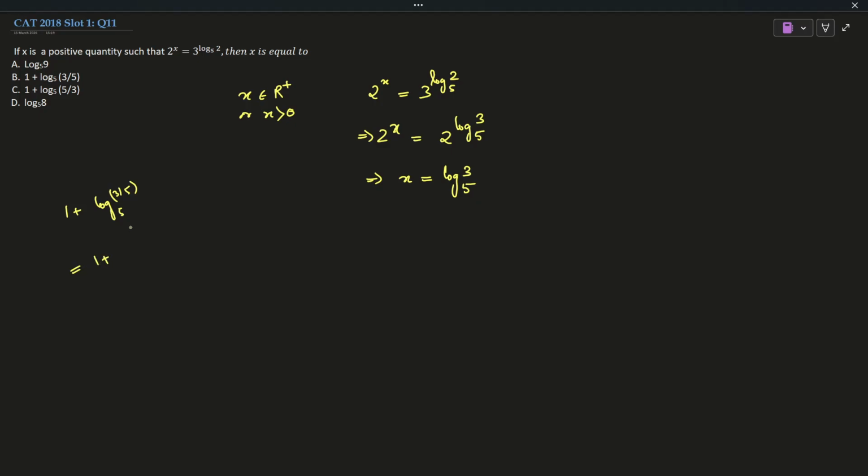This can be written as 1 plus log 3 to the base 5 minus log 5 to the base 5. This is 1, this is 1. So I'll be left with log 3 base 5. So the correct answer will be option B, guys.